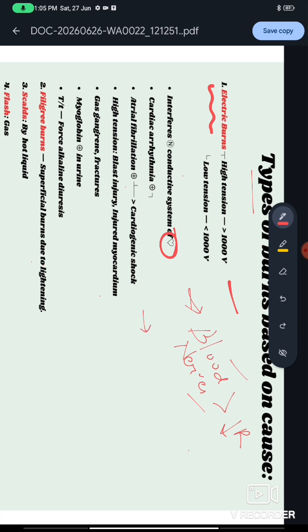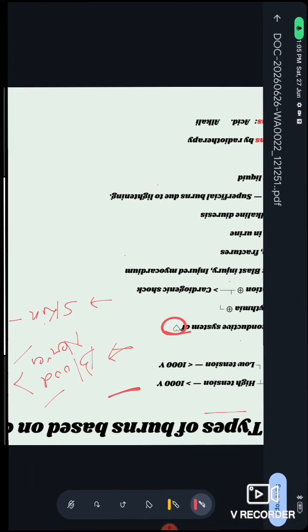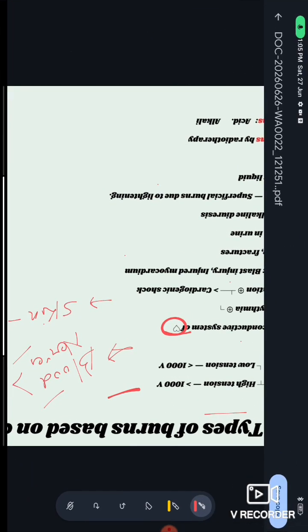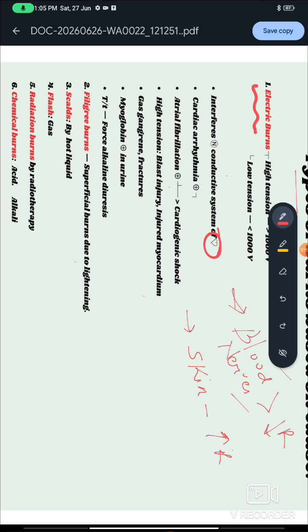On the other hand, skin offers high resistance to electrical current. So as a result, whenever electric burns take place, the damage on the inside of the body is much more evident as compared to the damage on the outer side of the body.